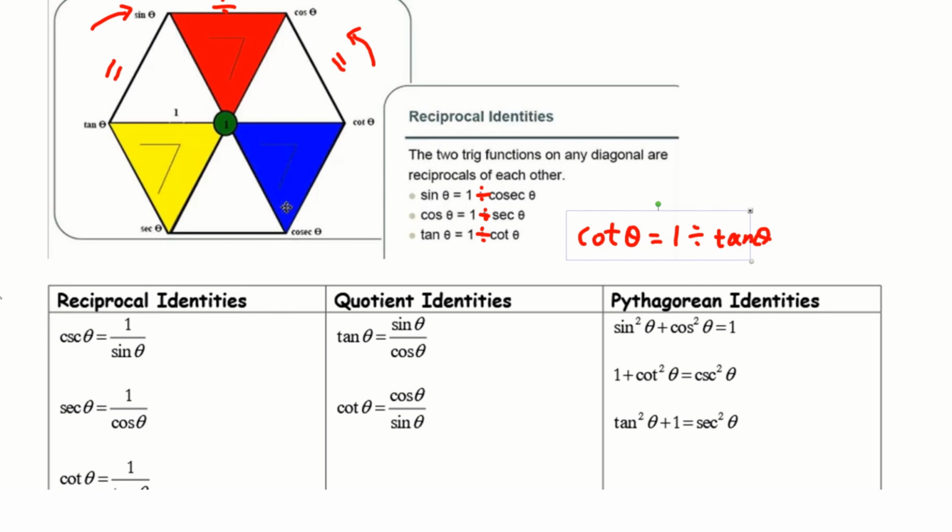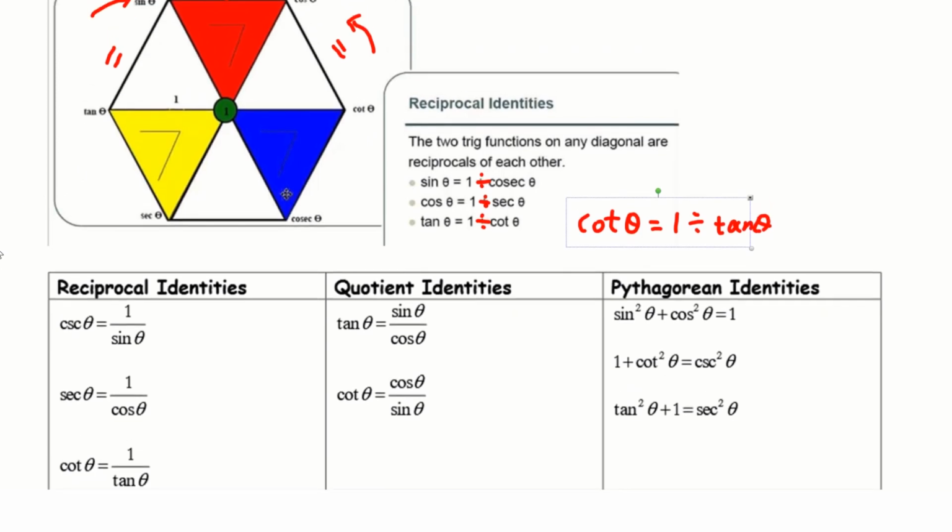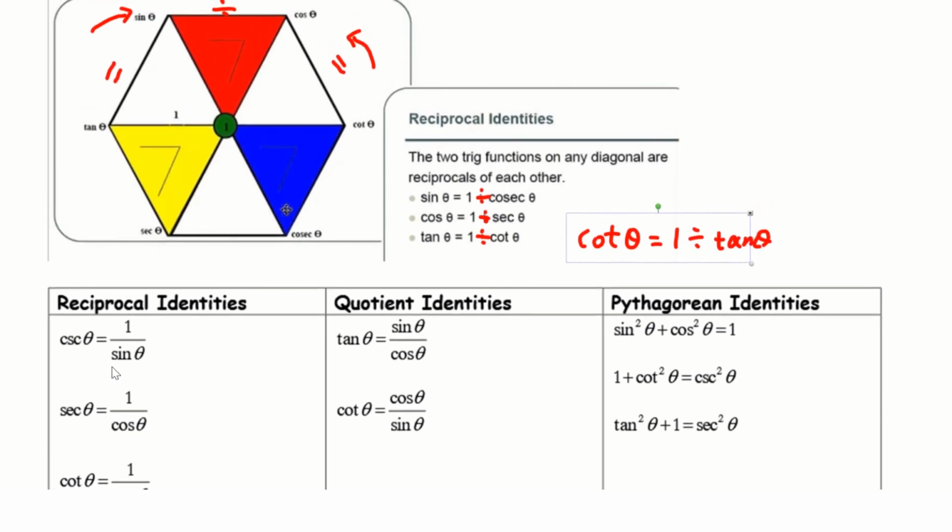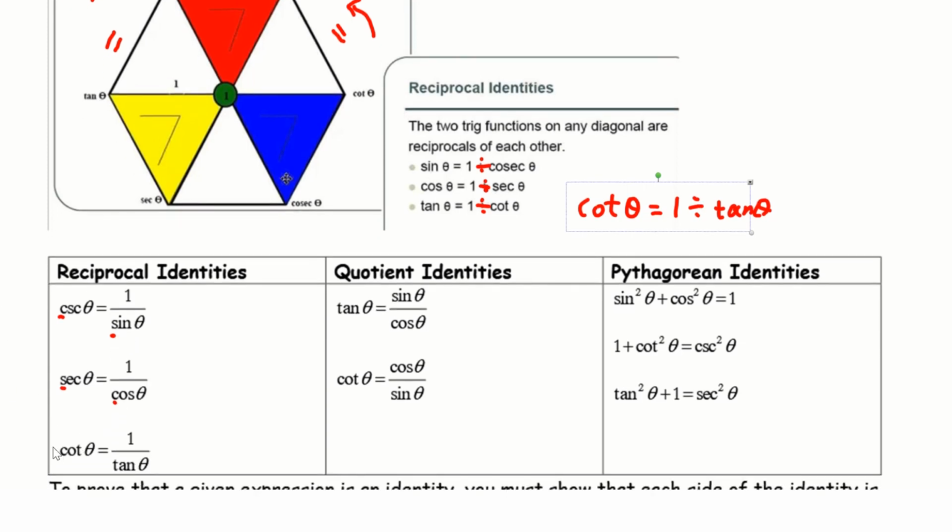So cosecant theta equals 1 divided by sine, secant equals 1 divided by cosine, cotangent equals 1 divided by tangent. And how to remember it is the first letter is not the same. So cosecant theta is not 1 over cosine theta. The first letter needs to be different. Cotangent is 1 over tangent.